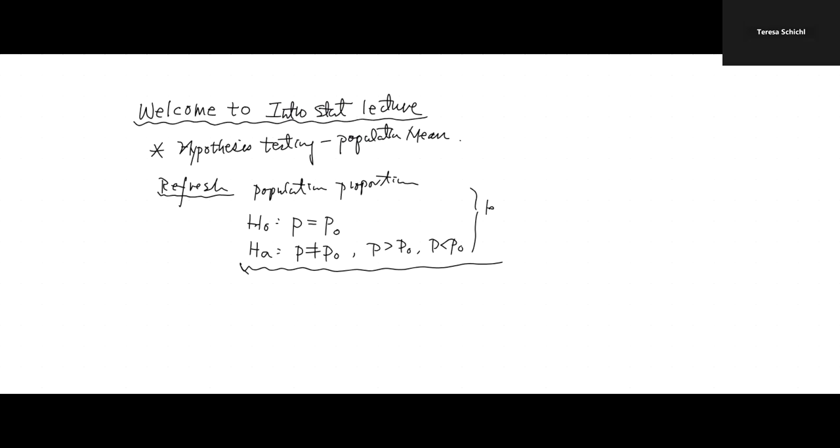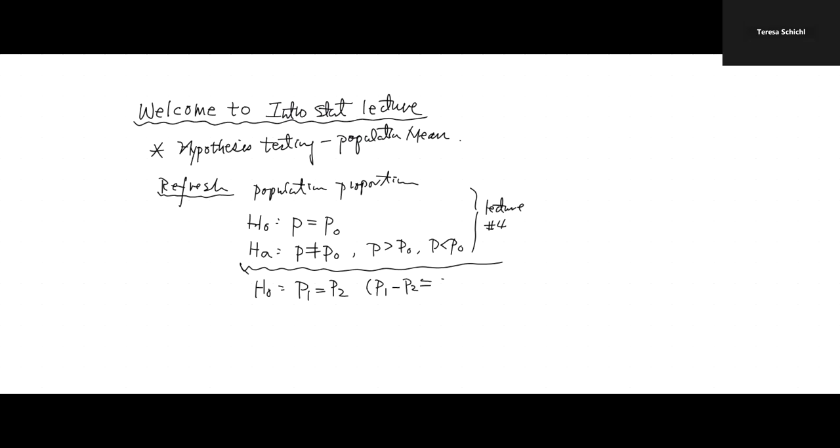And then we also talked about the population proportion for two populations. So we will say P1 equals P2. That means the two populations' proportions are equal, or you can write this as P1 minus P2 equals 0.